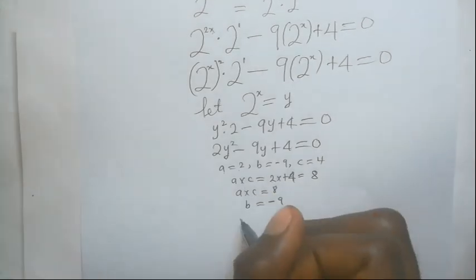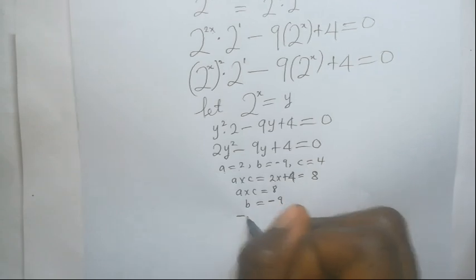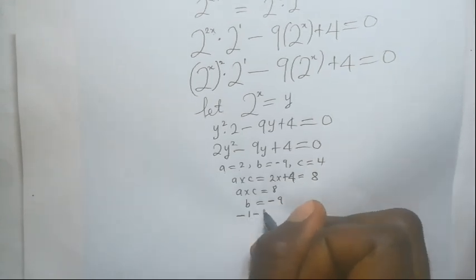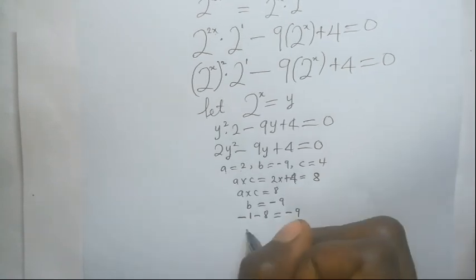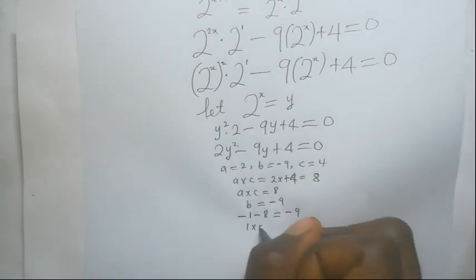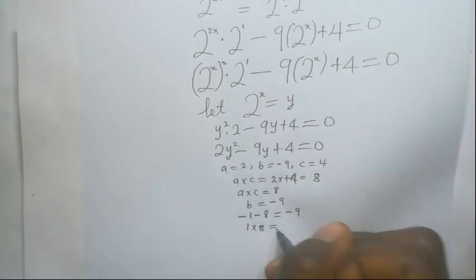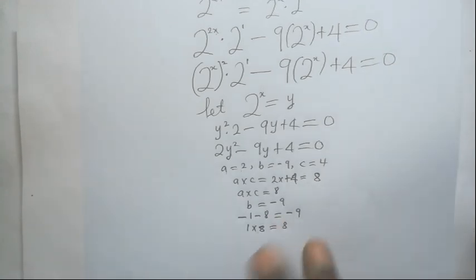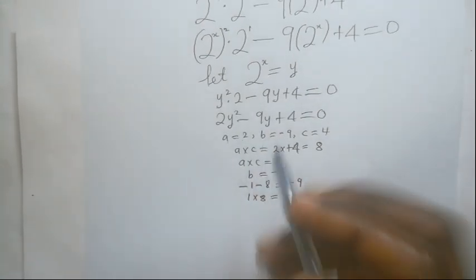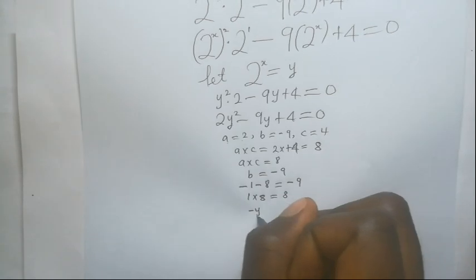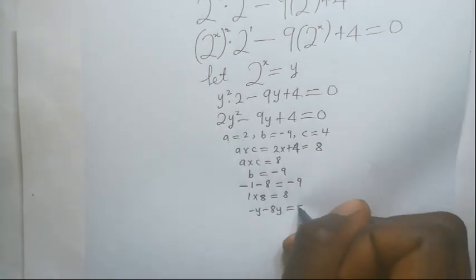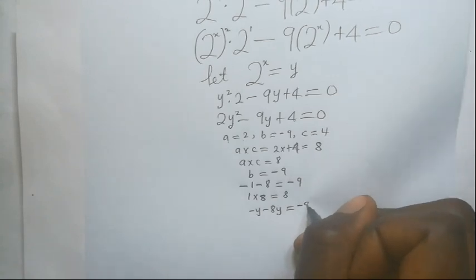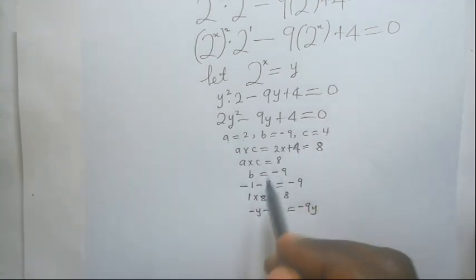These two factors are minus 1 and minus 8, which will give us minus 9. And 1 times 8 will definitely give us 8. Since we are dealing in terms of y, it's going to be minus y minus 8y, which gives us minus 9y.